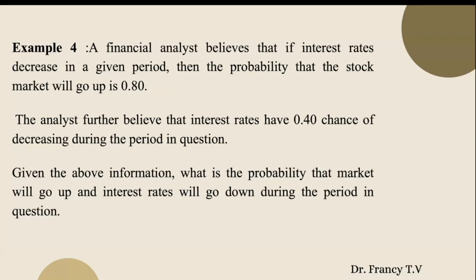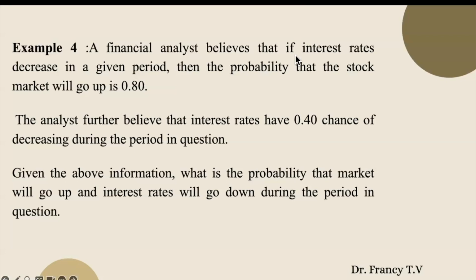B denotes stock market go up. Here you are given that if interest rate decreases, then the probability that the stock market will go up is 0.80. That means if A happens, probability for B is given to be 0.80. That means probability of B given A is given to be 0.80.